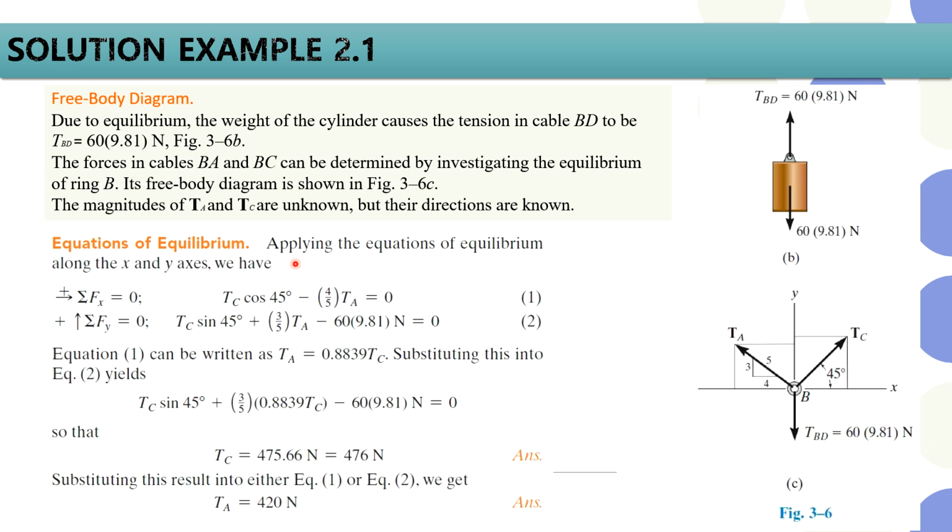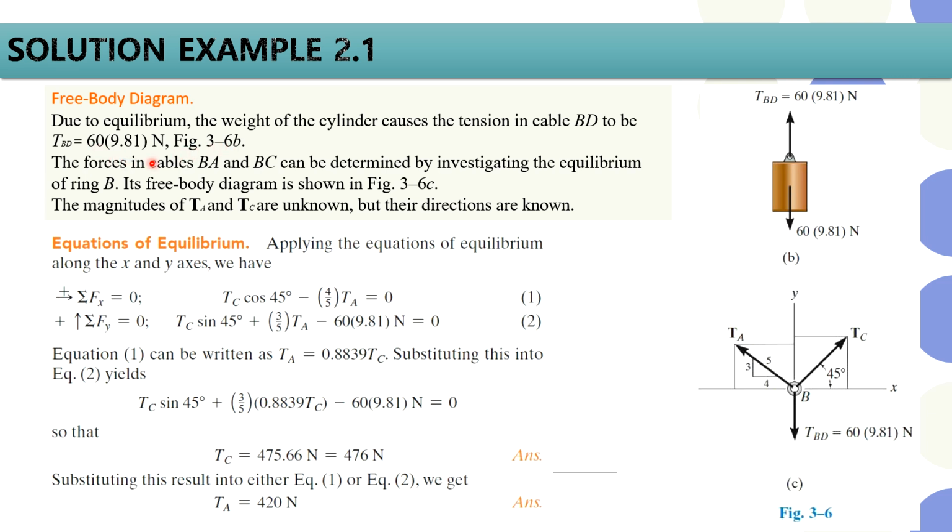First, we know the cylinder's weight causes a downward tension in cable BD. The equation of weight is mass times gravity, so 60 kilograms times 9.81 gives around 588.6 newtons.